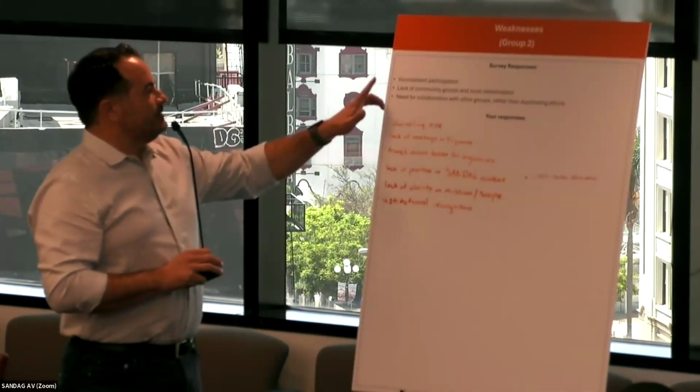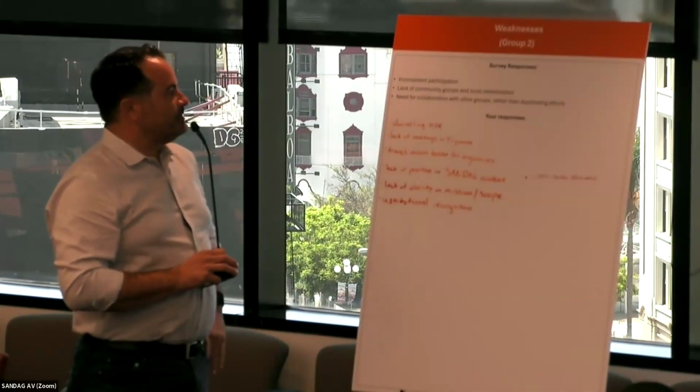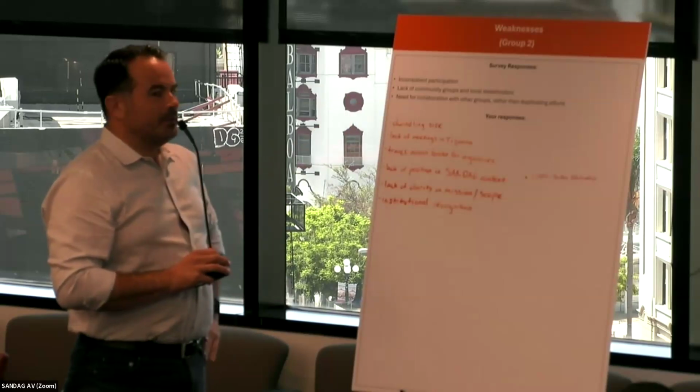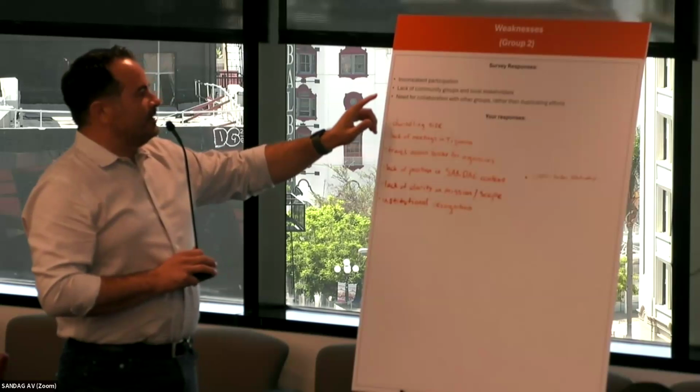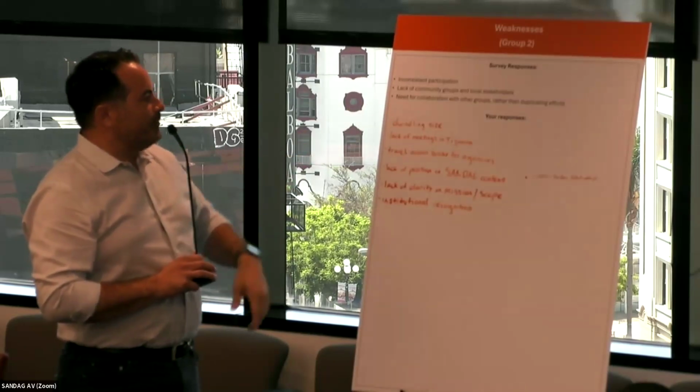And just to relay the survey responses so the group can listen: inconsistent participation, lack of community groups and local stakeholders, and need for collaboration with other groups rather than duplicating efforts. These were the survey responses.